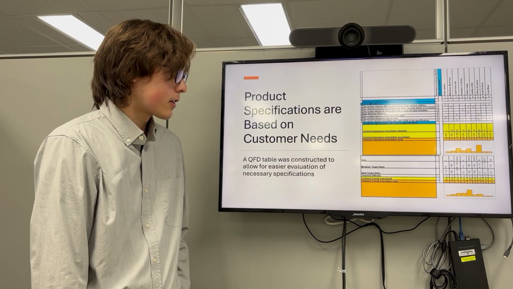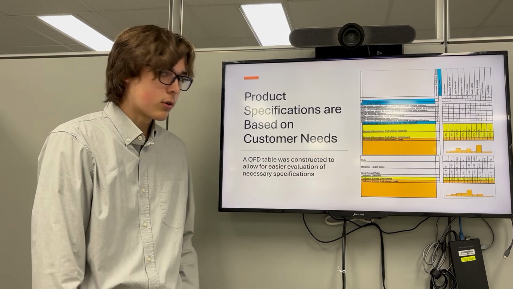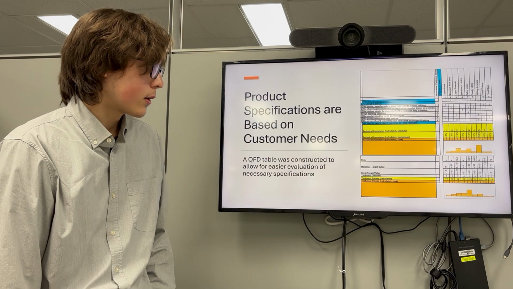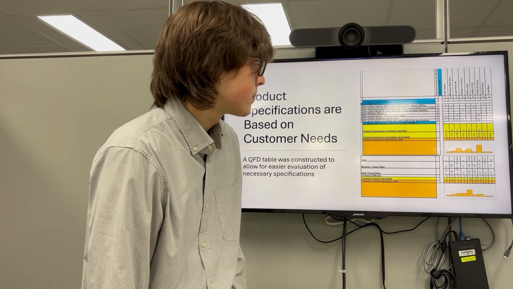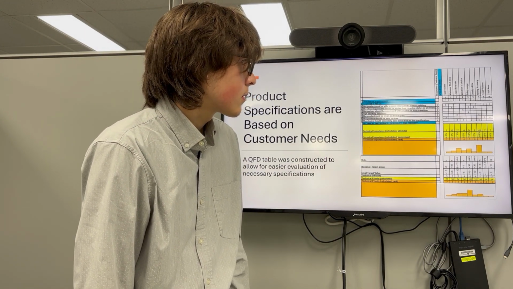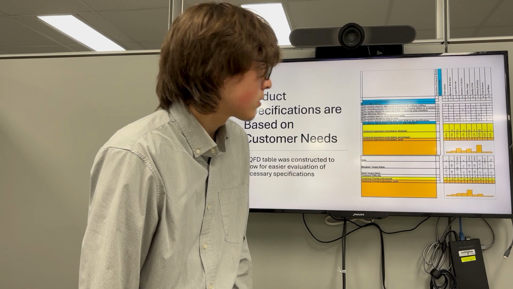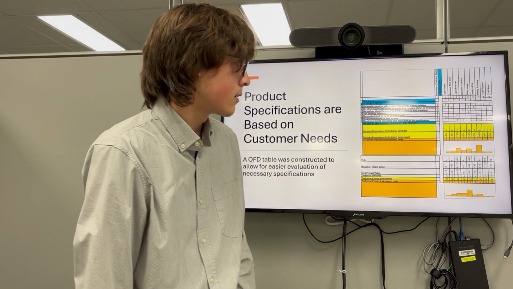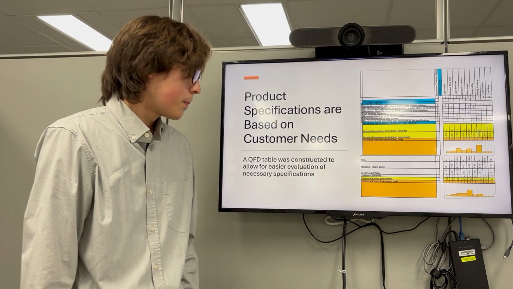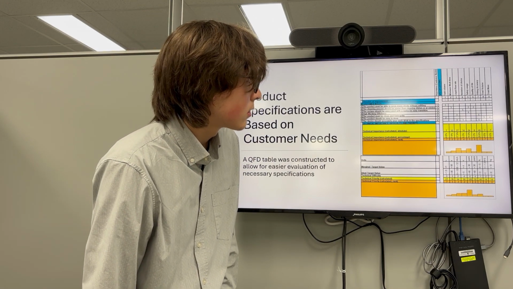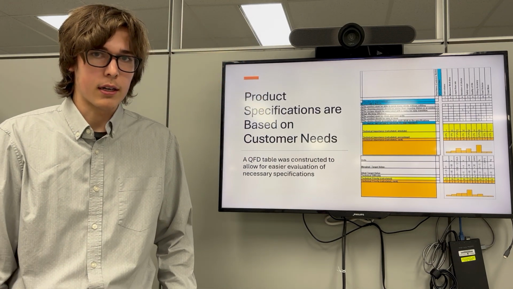Our product specifications were then ranked based on the QFD. We found that the quality or the filling accuracy was the highest requested, as well as the liquid flow rate being high.